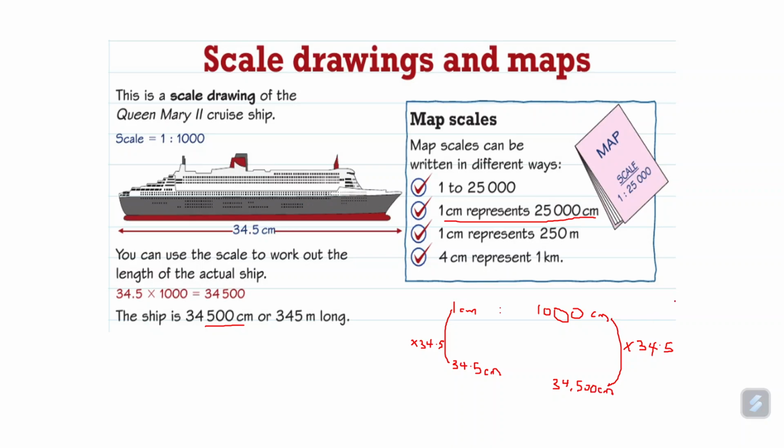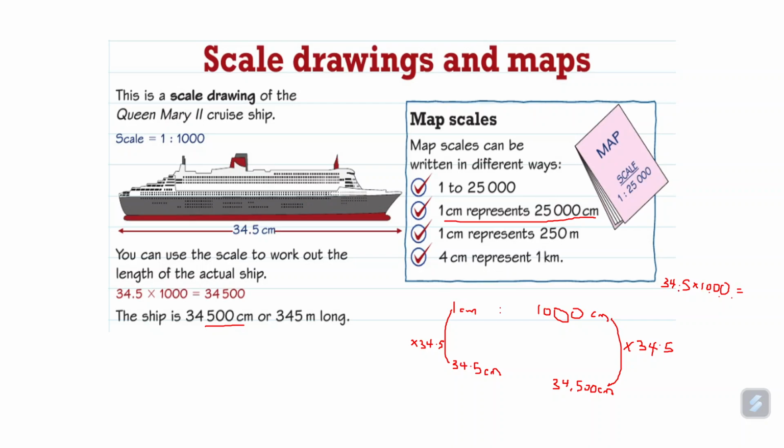I can show you this: 34.5 times 1,000. The rule says if you are multiplying by 10, 100, or 1,000, you move the decimal point to the right according to the number of zeros you have. In this case, this is 1,000 and we have 3 zeros. This is a shorter way of multiplying without using your calculator.